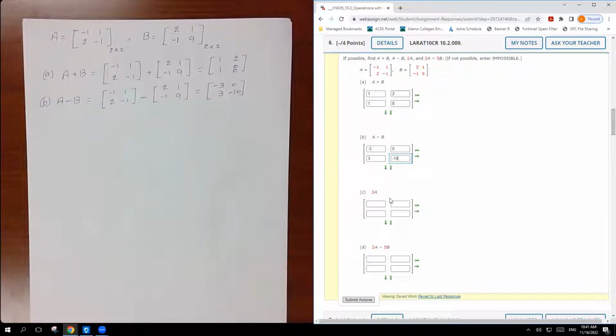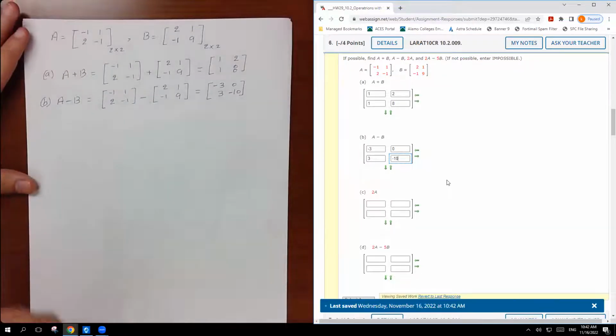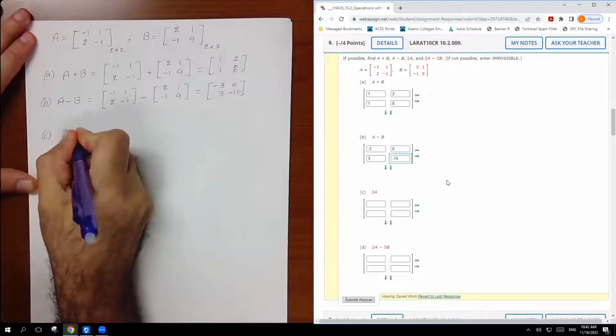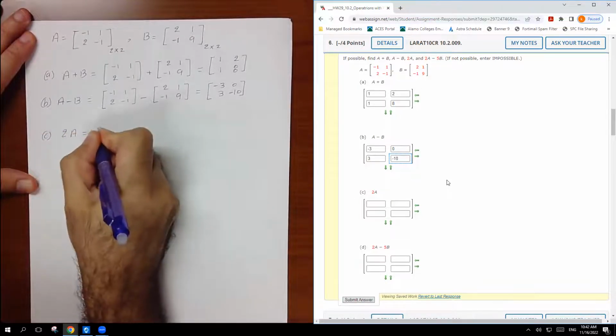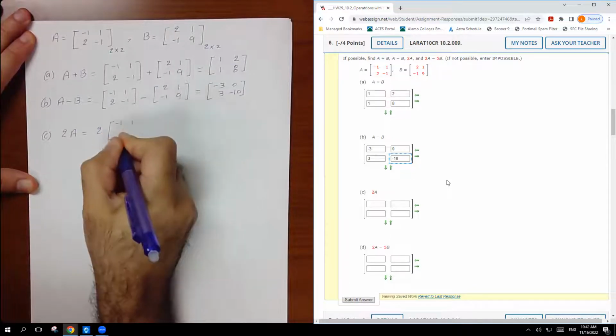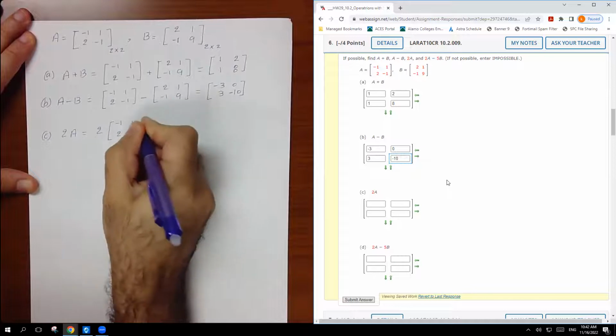Now 2 times A. Remember when I told you the scalar? 2 times A, the number 2 is the scalar times the matrix. So for C, they're telling you to find 2A, which means 2 times the matrix A, which is -1, 1, 2, -1.